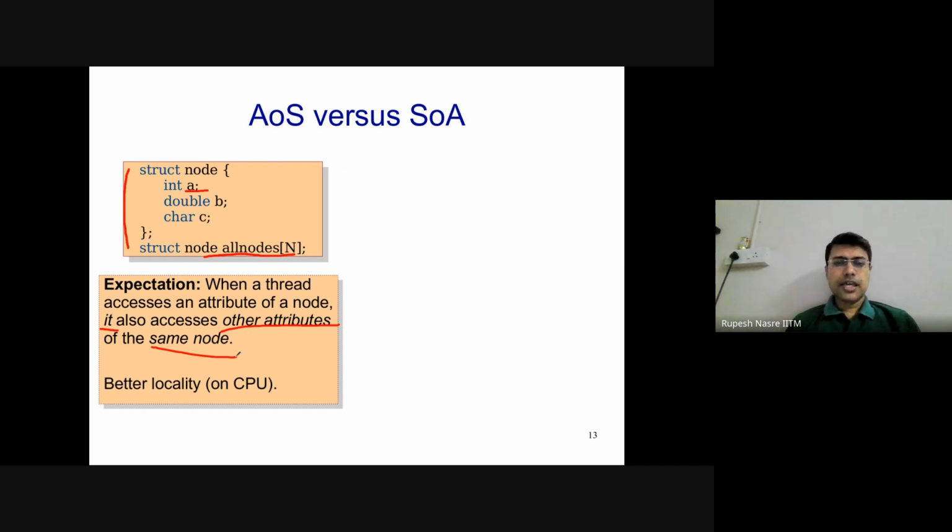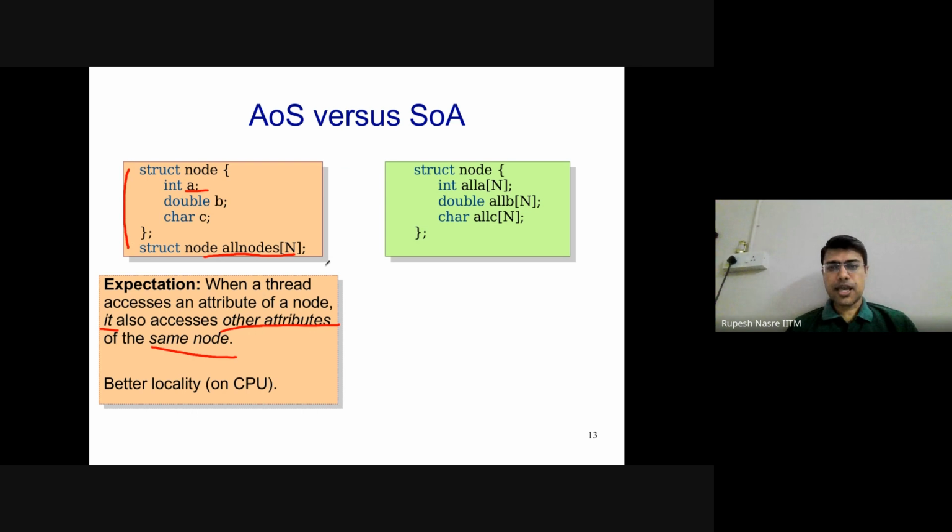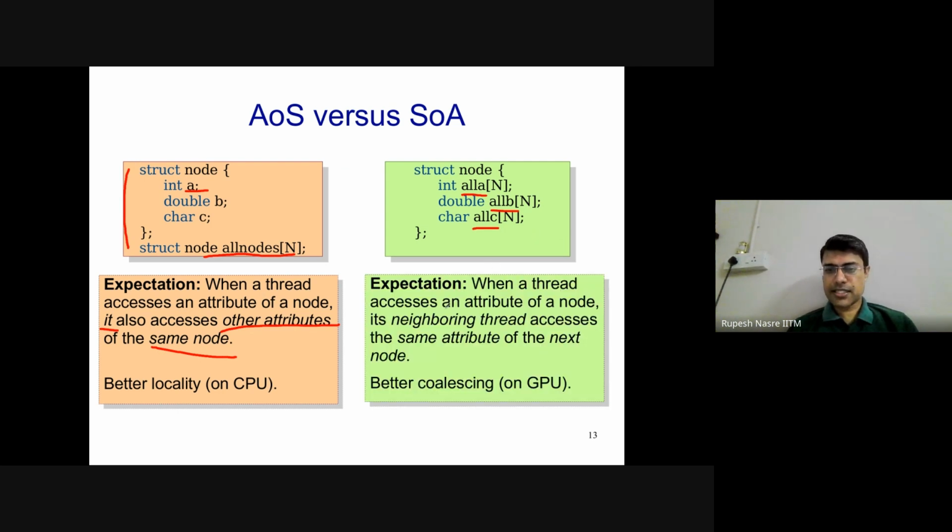In contrast, SOA says I am going to keep all A, all B, all C together, and put that into a structure. This becomes a structure of arrays, and the expectation is that when a thread accesses an attribute like A of a node, its neighboring thread in the same warp accesses the same attribute A of the next node.